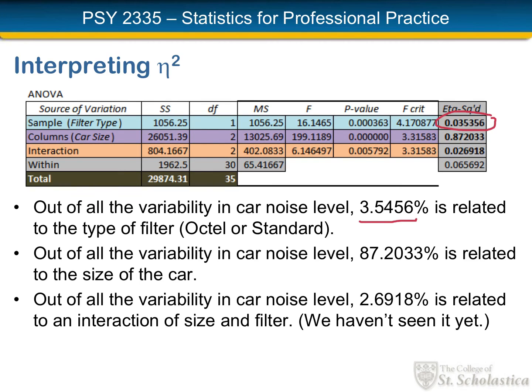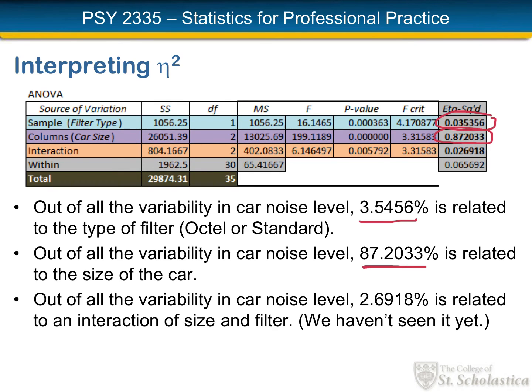In contrast, out of all the variability in car noise level, 87% of it is related to the size of the car, controlling for the filter type, and that's obviously the vast majority of the variability in noise level.